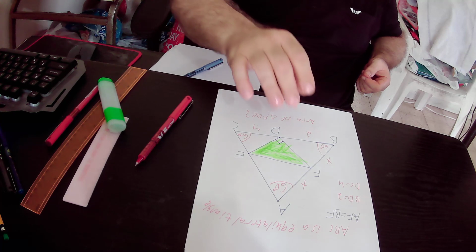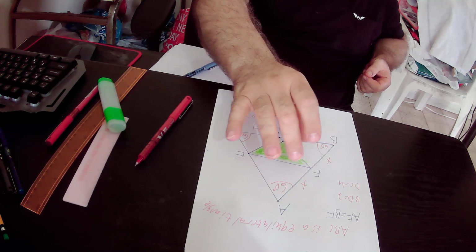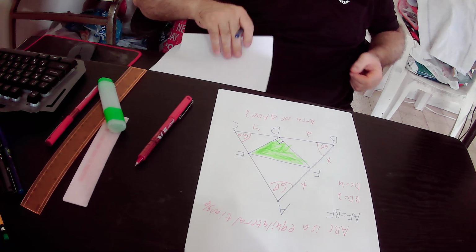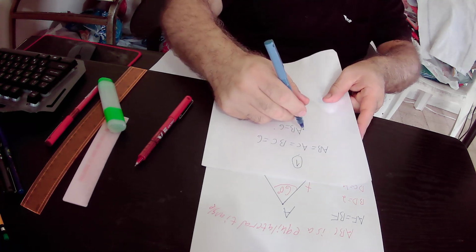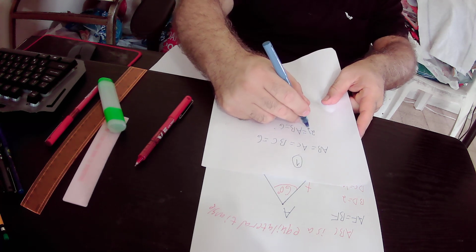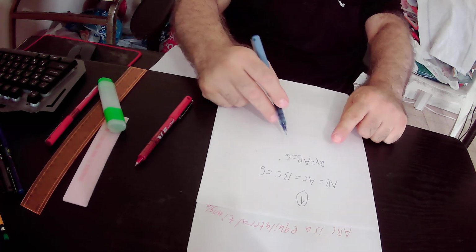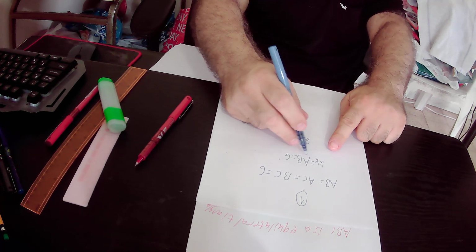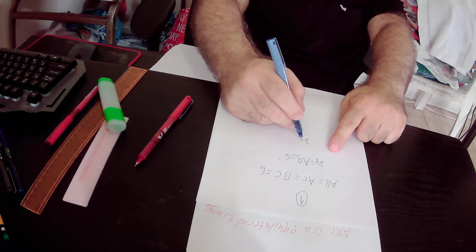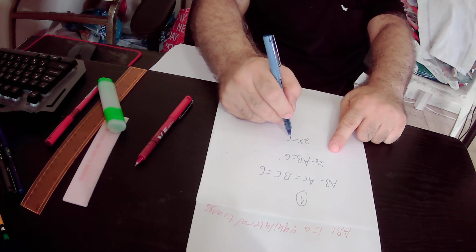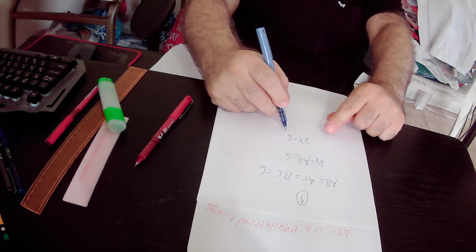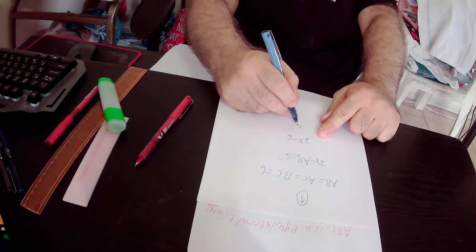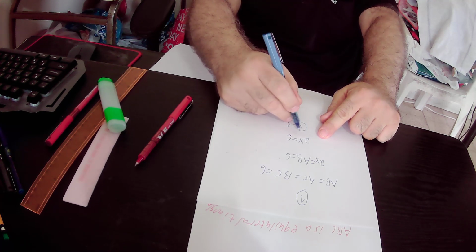So AB equals AF, that is X, plus BF, that is X. So AB actually equals 2x. From this equality we can derive that 2x equals 6 units. We'll divide this equality by 2 and we will get that x equals 3 units.